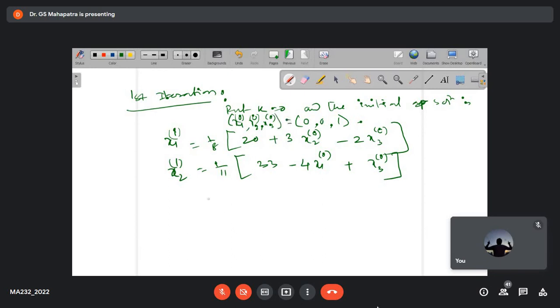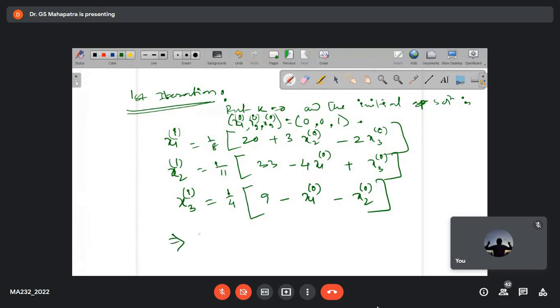Now x3 1 is 1 by 4, 9 minus x1 0 minus x2 0. So first iteration I am writing in details. Next iteration onwards I will not write details.